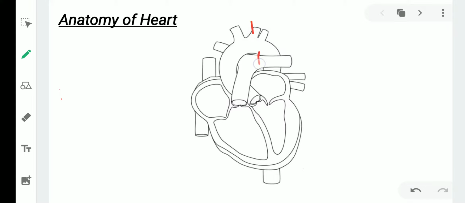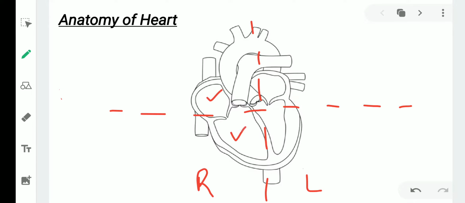If we divide the heart into a right and a left side and an upper and a lower side, we can see these four chambers, two on the right side and two on the left side, two on the upper side and two on the lower side.